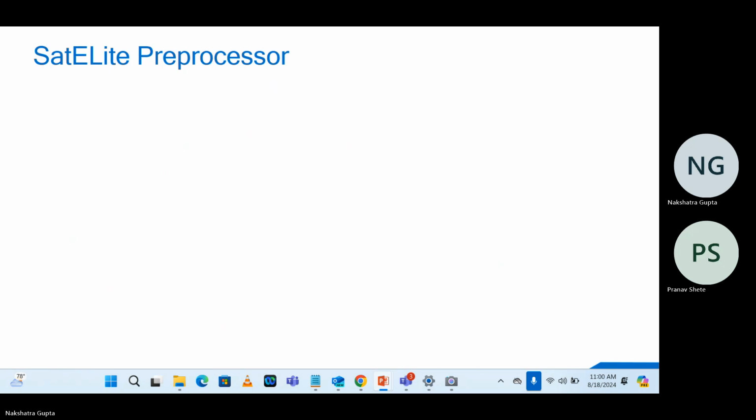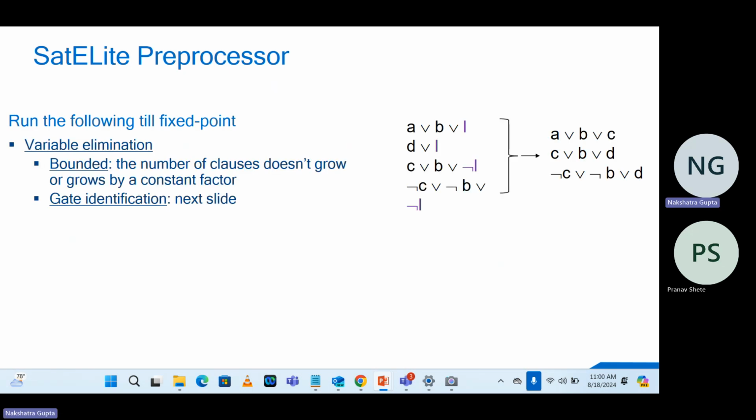Now we can talk about the SatELite preprocessor, the original one from 2005. It runs the following steps.